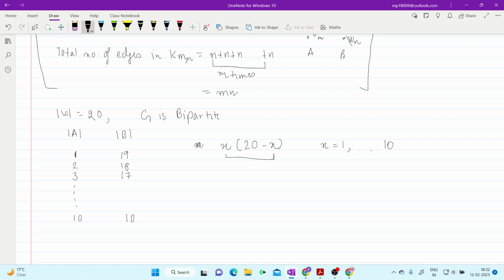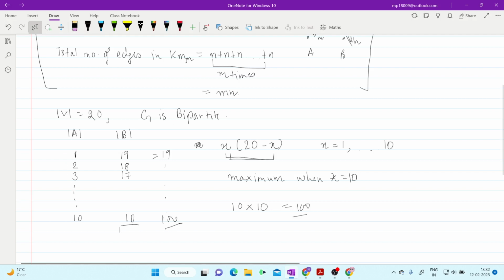And we see that this value is maximum when x is equal to 10. Therefore the maximum number of edges will come out to be 100. This will be the maximum, because if A and B have these sizes, we cannot have more edges than the complete bipartite graph.